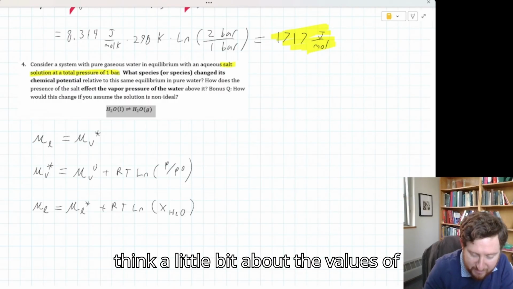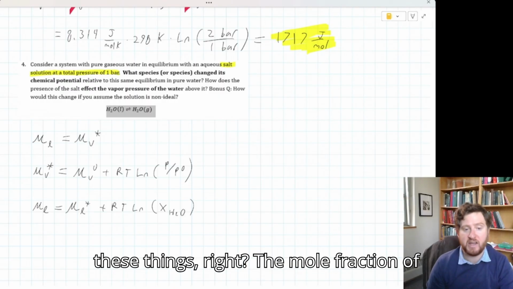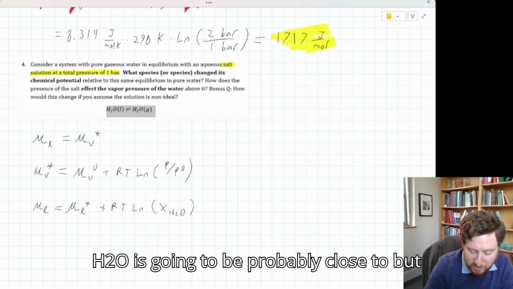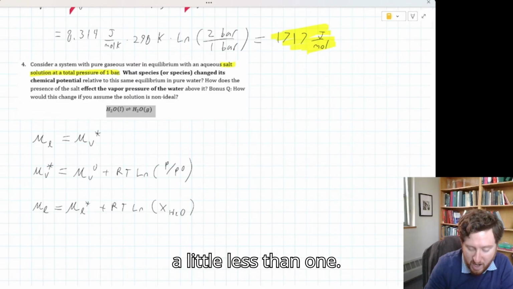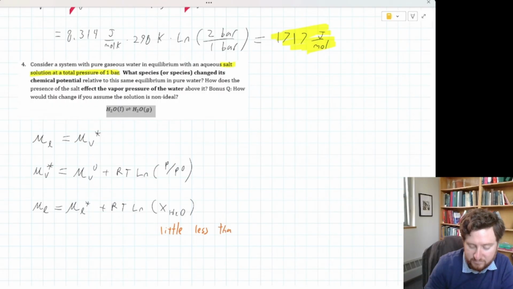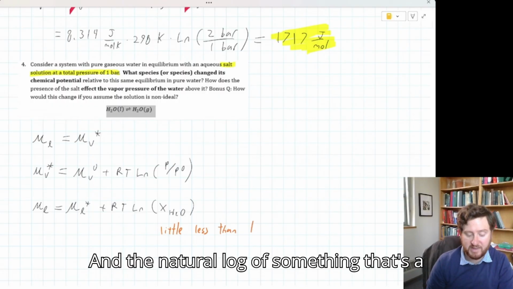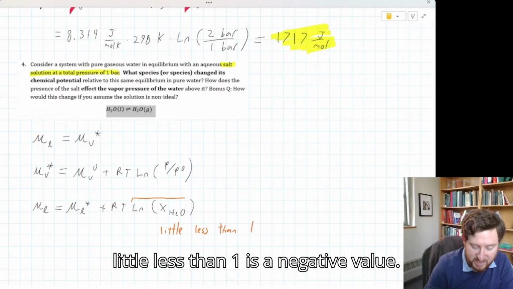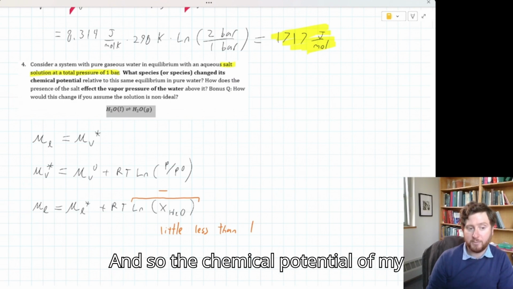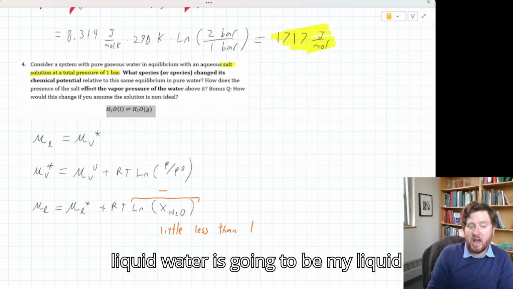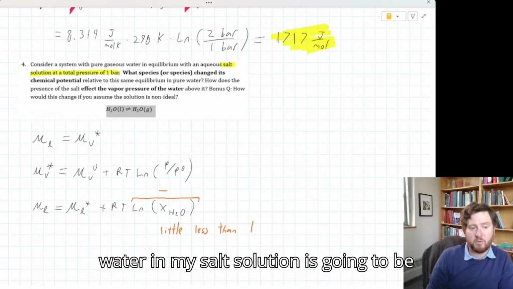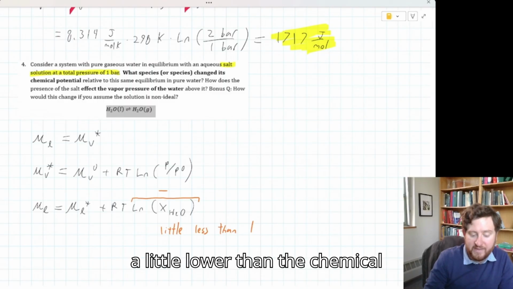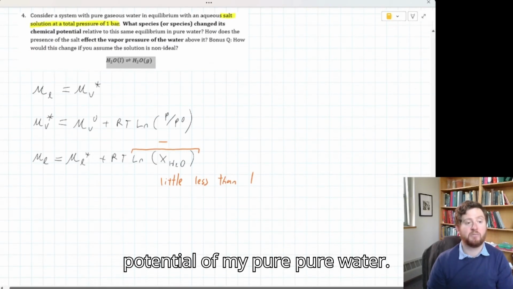So let's think a little bit about the values of these things. Right? The mole fraction of H2O is going to be probably close to, but a little less than 1. And the natural log of something that's a little less than 1 is a negative value. And so the chemical potential of the liquid water in my salt solution is going to be a little lower than the chemical potential of my pure water.